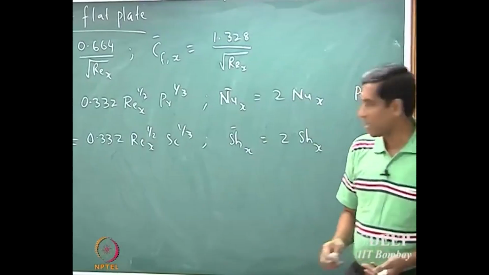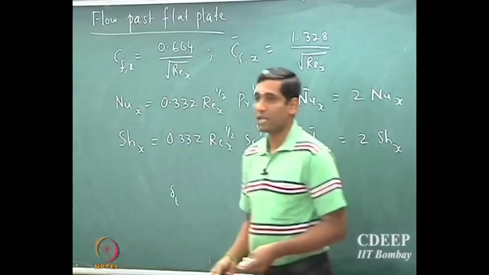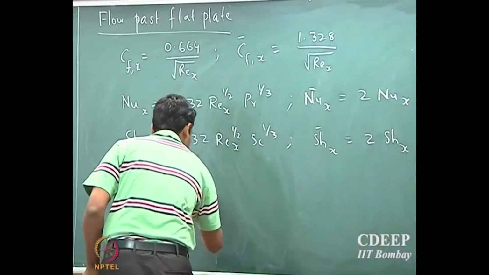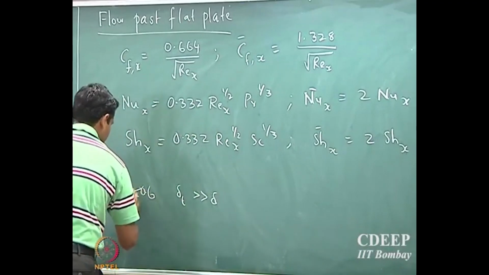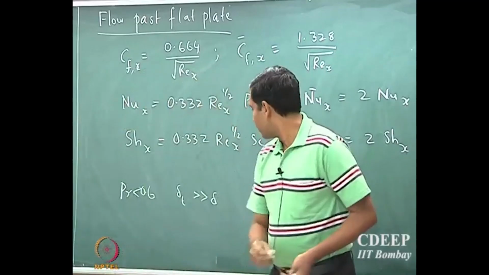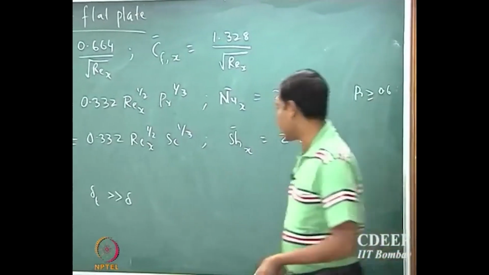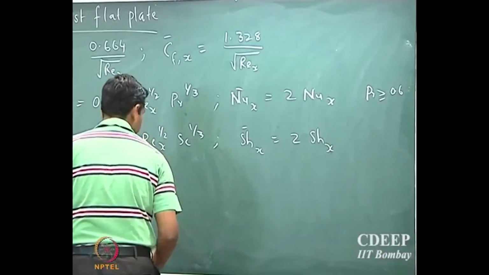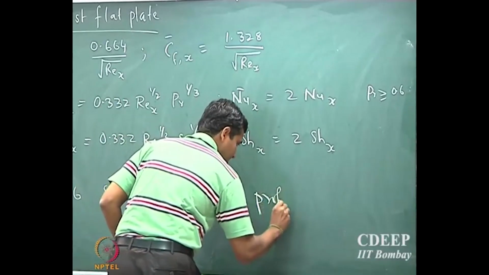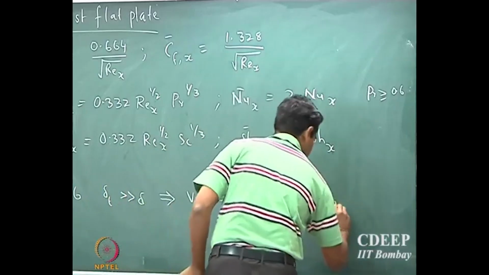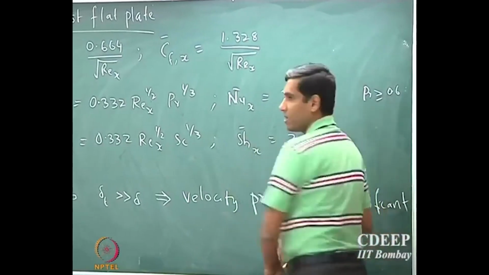So when it is less than 0.6, what happens is that for very small Prandtl numbers, the thermal boundary layer thickness is much larger than that of the momentum boundary layer thickness, which also implies that the velocity profile is insignificant.